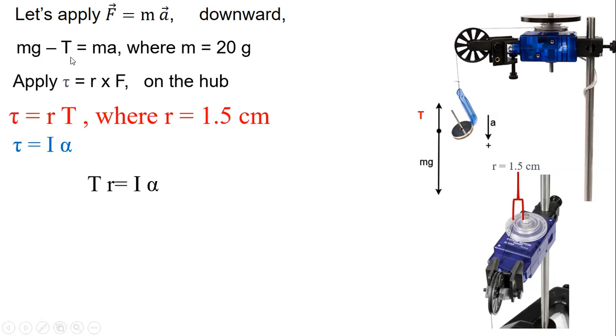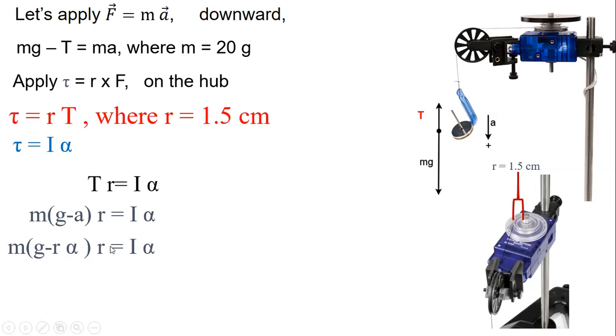Because I can express T in terms of mg and ma using this equation. So T is mg minus ma, the tension. So I multiply it by r. That's equal to I times alpha. Let's keep simplifying this. And a is r alpha. Linear acceleration is equal to the radius times the angular acceleration.